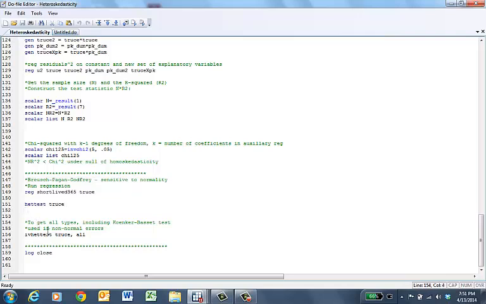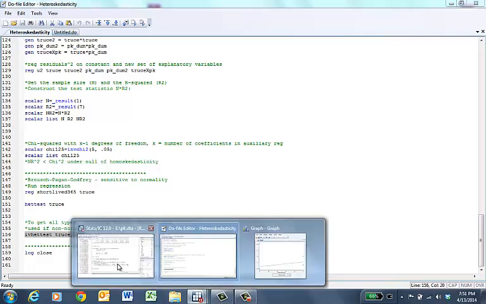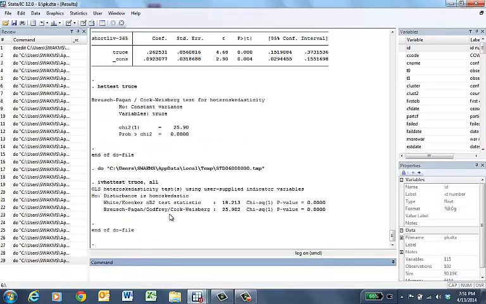If we wanted to get all of the different tests in Stata, you can just use comma all after you run your IV heteroskedasticity test. And so the way it's calculated here, these two are actually collapsed. And in both cases, we see that there's no difference.